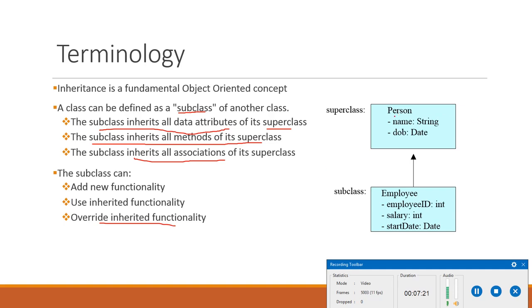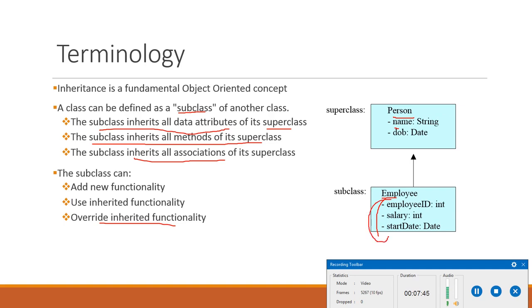So for example, we have a class person. These are the data members, name and date of birth, and we have derived a class employee from the class person. So now employee has its own data members. It has three variables: employee ID, salary and start date. Actually, employee has now 5 variables.